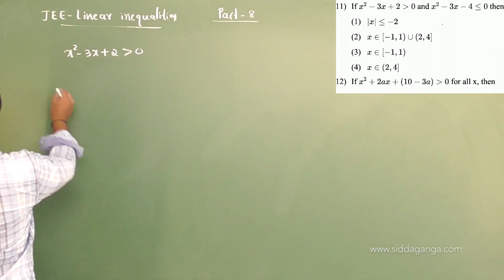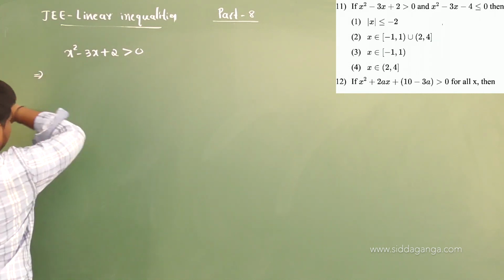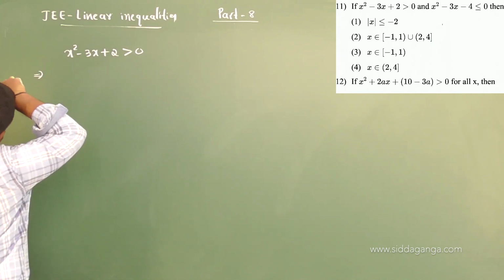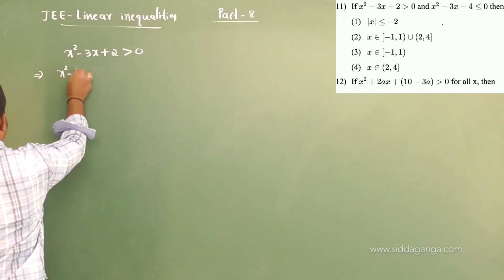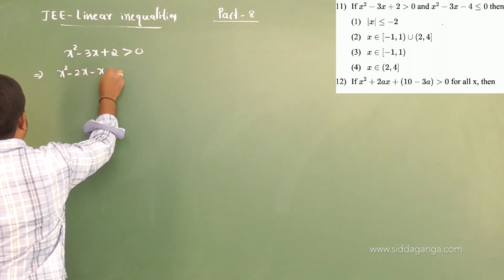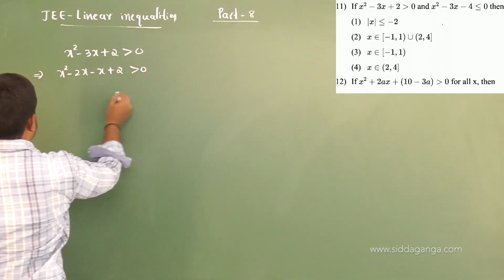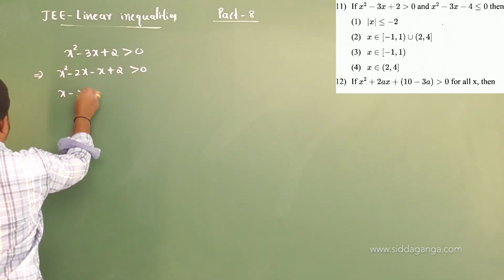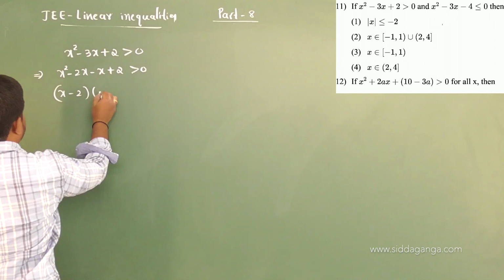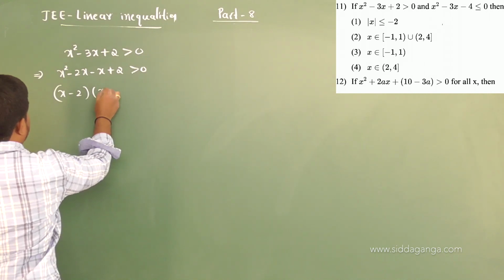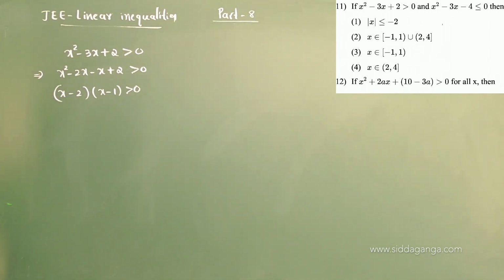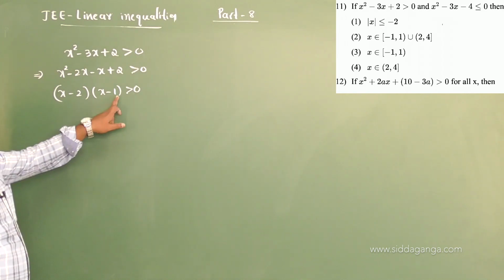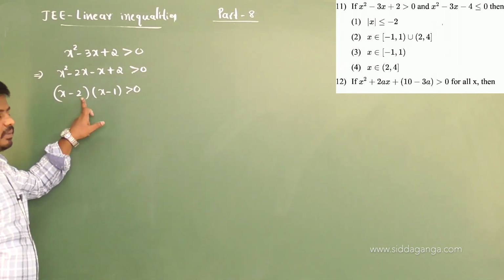Now, let me write the factors of x square minus 3x plus 2. I mean x square minus 2x minus x plus 2. Or I can write x minus 2 into x minus 1 greater than 0. Here a is 1, b is 2, because a should be less than b.